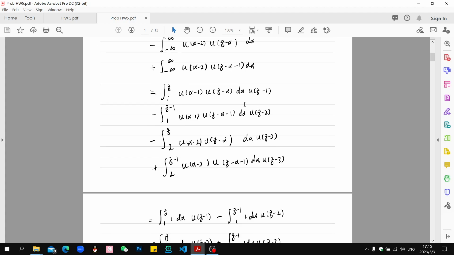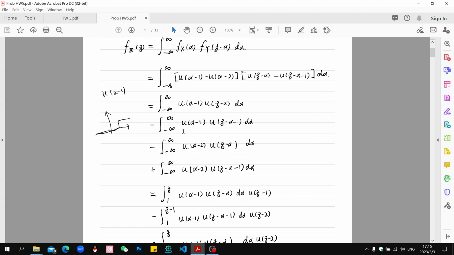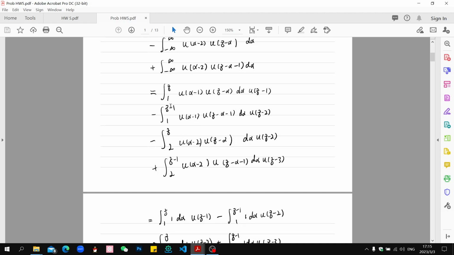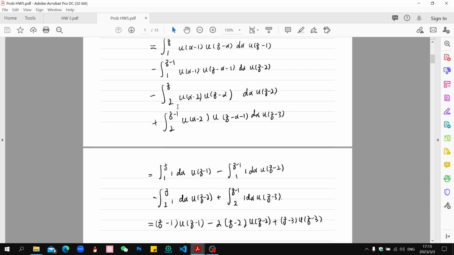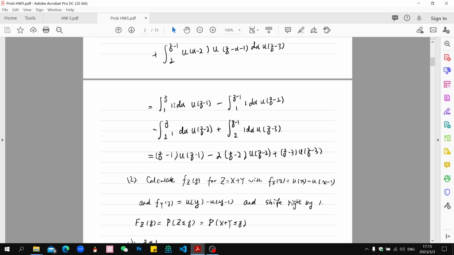And then we calculate them independently. We calculate the 4 integrals. And we put it down, the limits from 1 to z, 1, d alpha, u(z−1), z−1, and this, and this, and this.